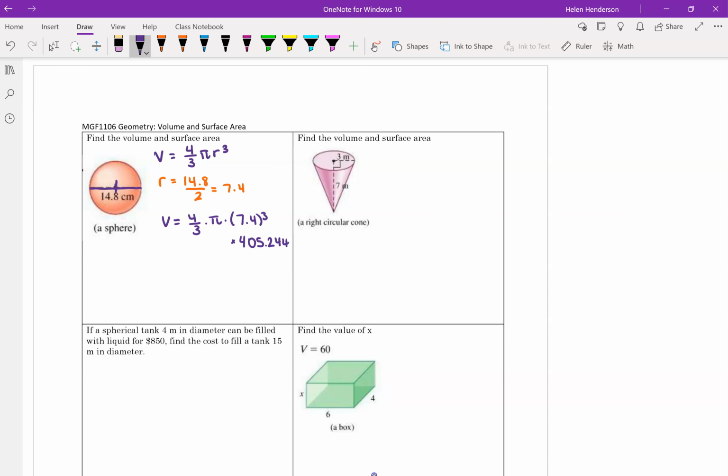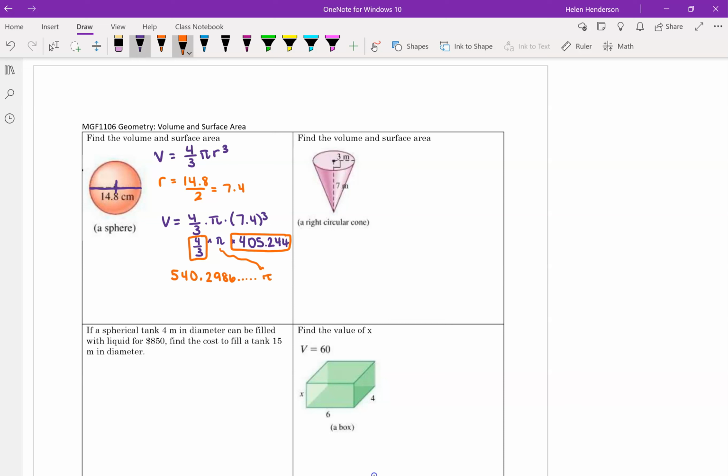Okay. I'm not going to do the timesing by pi. I'm just going to do 4/3 times 405.244, and I get 540.2986. And remember, this number has a pi on it.